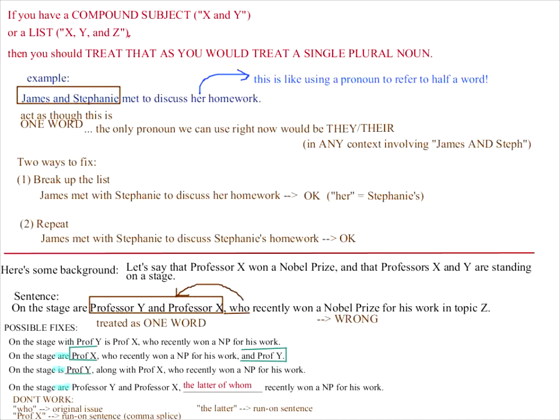Along with is just a modifier. So Professor Y by him or herself is the subject of this one. So along with Professor X, we can just eliminate. So that's, you did that. Okay, any questions about any of this crazy stuff that we have just done?